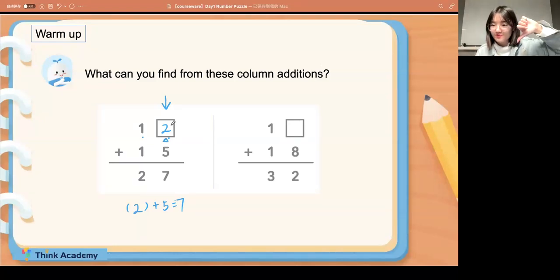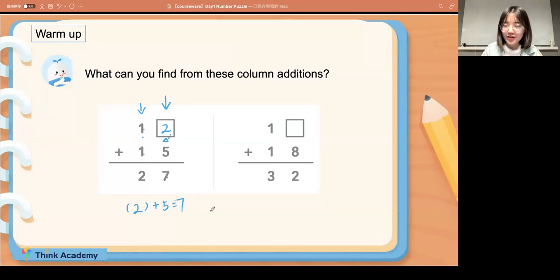Yes or no? Actually, no, because after we fill in the blank, we need to do the double check. So we will start from the ones column. 2 plus 5 will equal 7. And then for the tens column, 1 plus 1 will equal 2. Then we can know we have the right answer because we have done the double check.